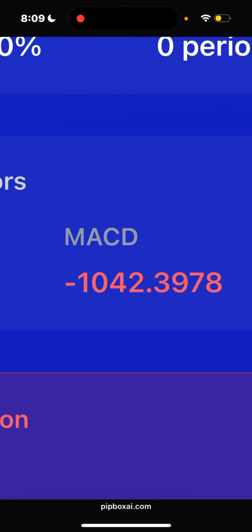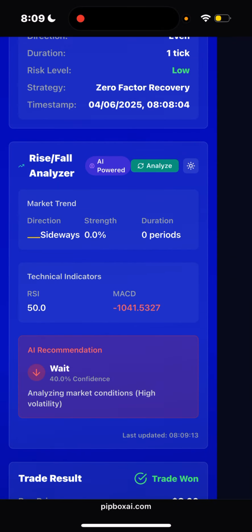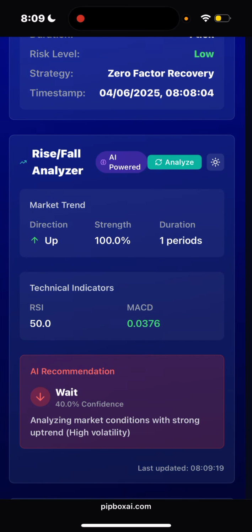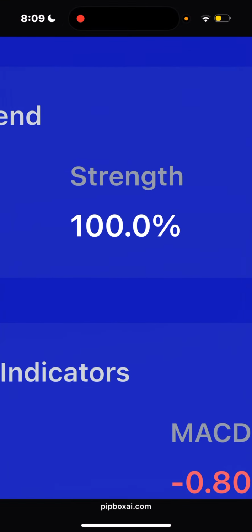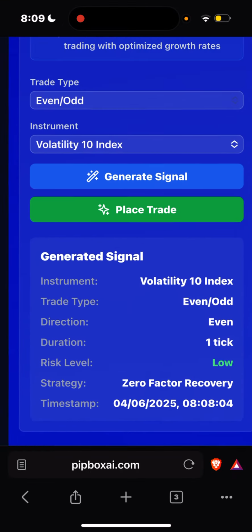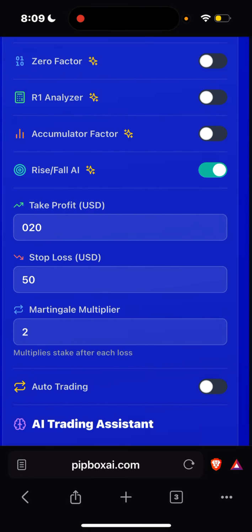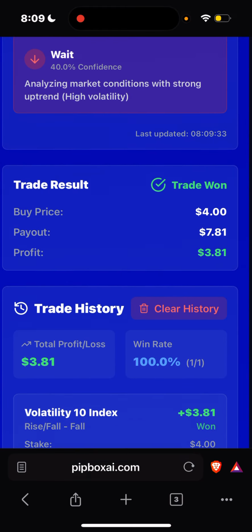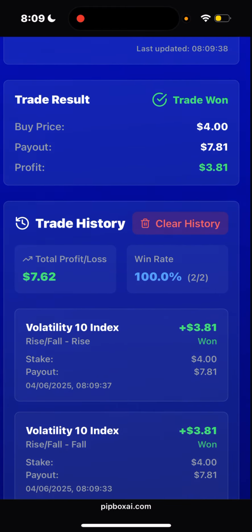You can see the MACD is now giving us signals. Let's just click on analyze and see what will happen. You can see the MACD is running, RSI is at 50, strength is at 100%, which tells us it's now time to go in and click that auto trade button. And just like that, we are in and we are now trading already.